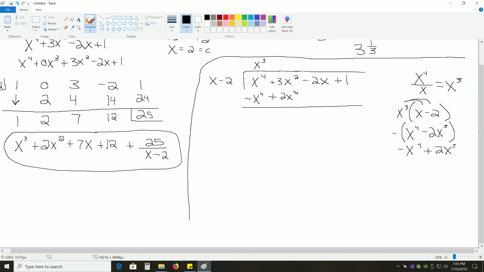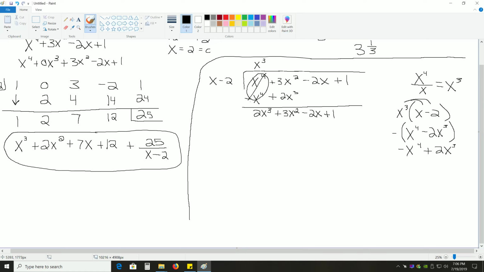Okay, and now we want to add these polynomials together. So adding them together, x to the fourth minus x to the fourth cancels out. 2x cubed does not add to 3x squared. They are unlike terms, so we'll write them separately in order. We have 2x cubed plus 3x squared minus 2x plus 1.